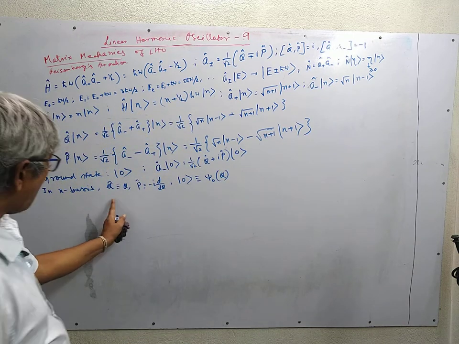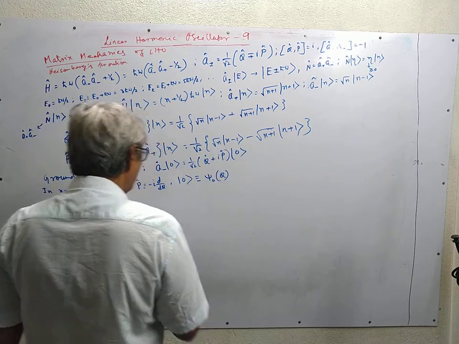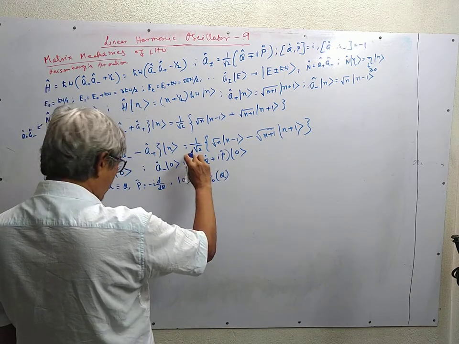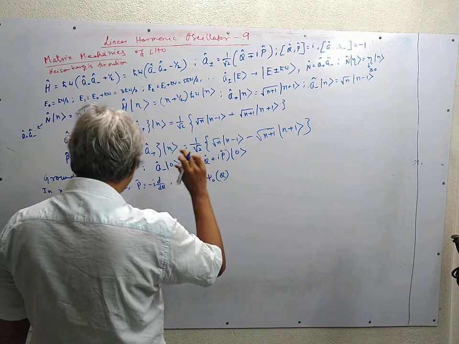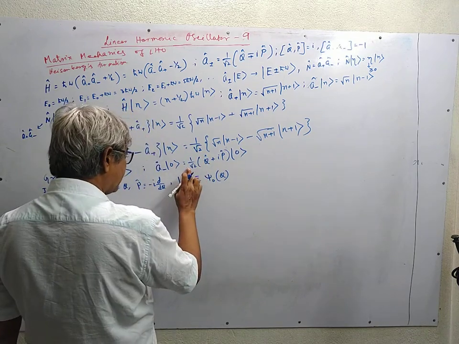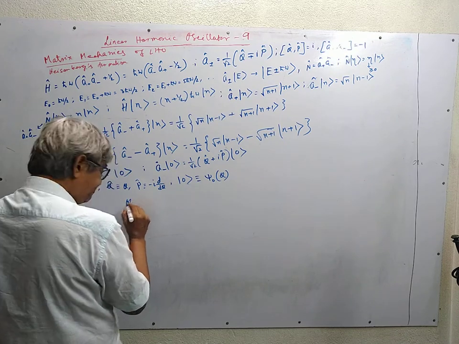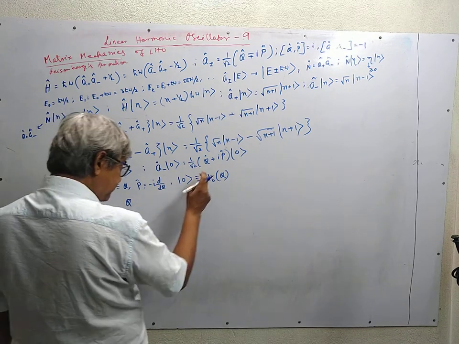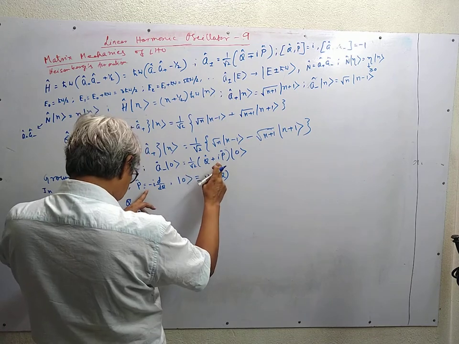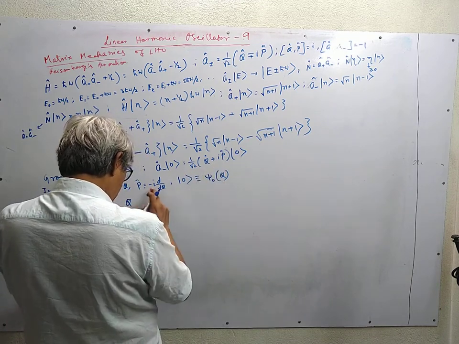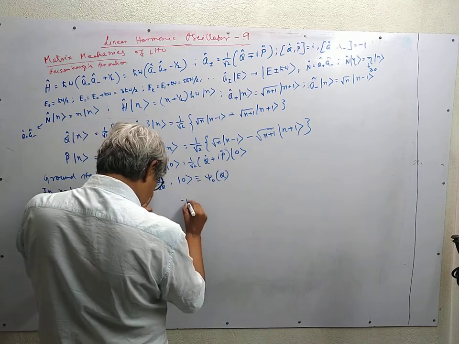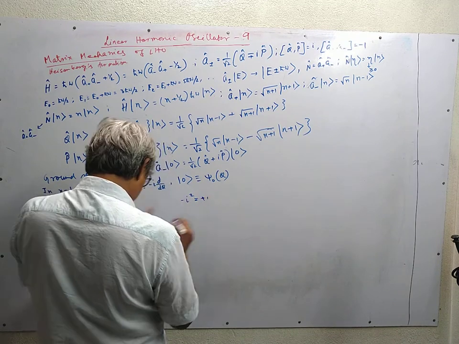So we plug all these things into it. The factor 1 upon root 2 is not a deciding factor here, so we ignore it. So this is Q times this, and since it is i square minus i square, this is plus 1.